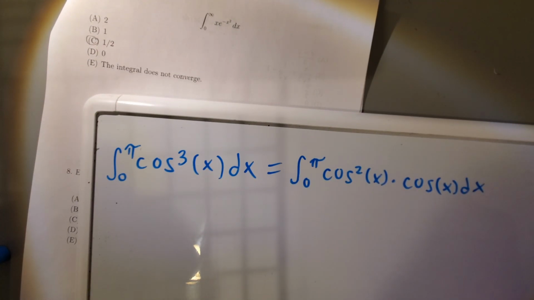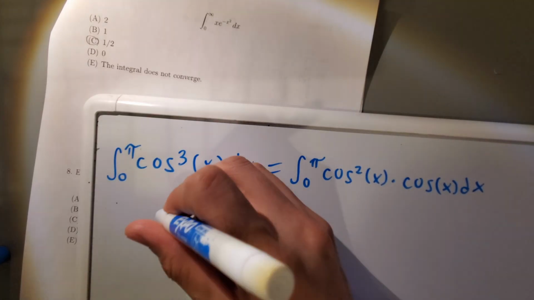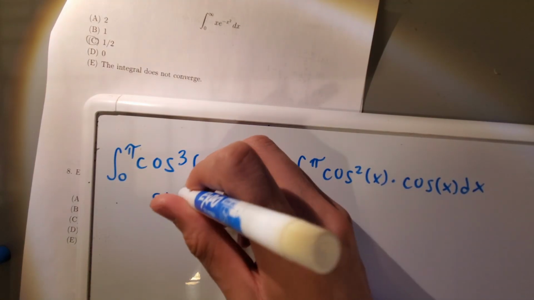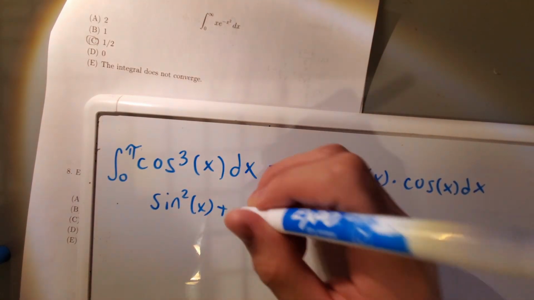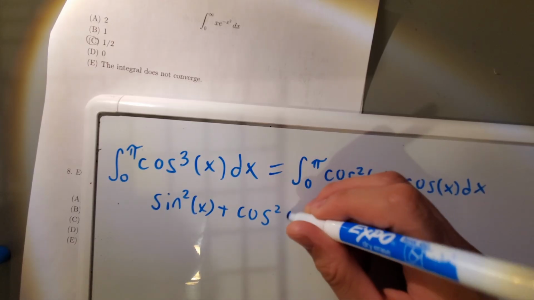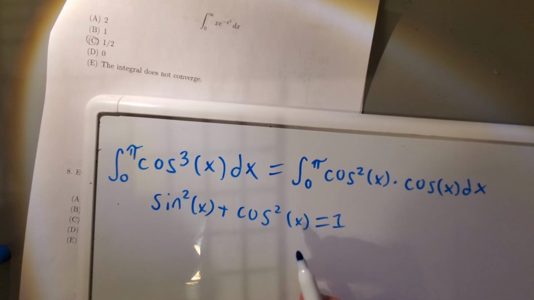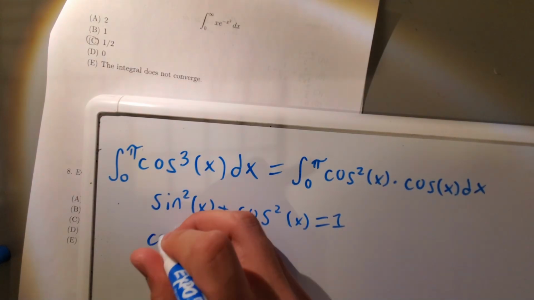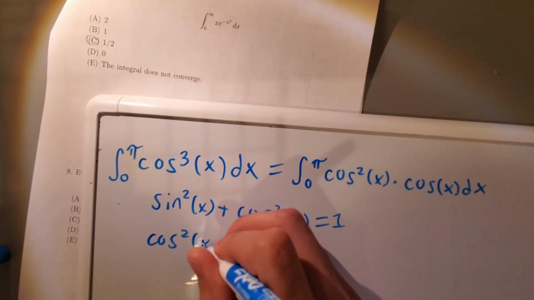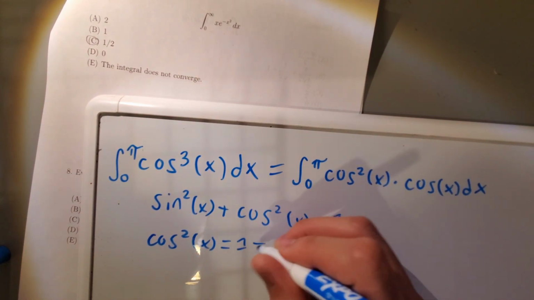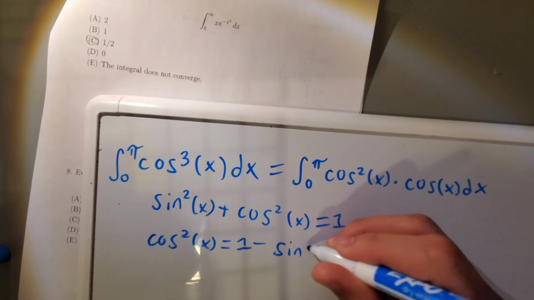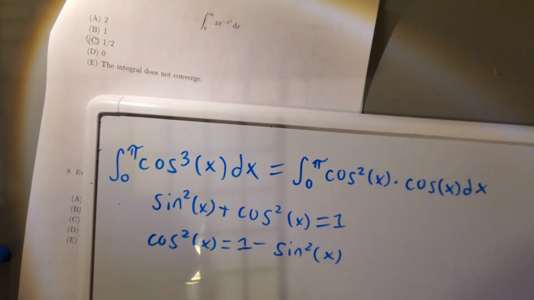And right off the bat, there's already an identity you can use. If you remember that sine squared of x plus cosine squared of x is equal to 1, then from this identity, you can deduce that cosine squared x is equal to 1 minus sine squared of x, just by moving things around.